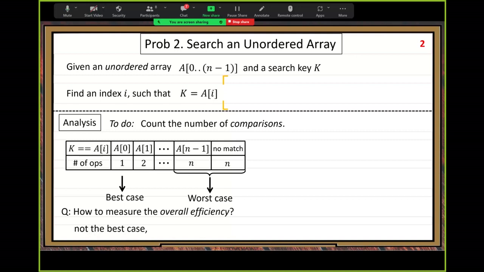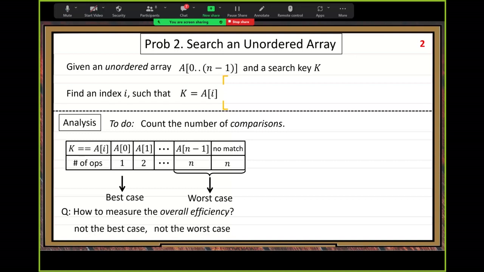Most of the time, this linear search does worse than the best case. That means if you use the best case for the overall efficiency, that's not good. Too optimistic.